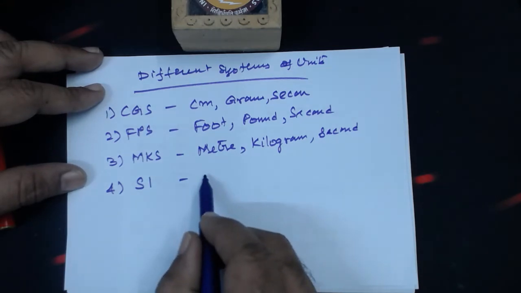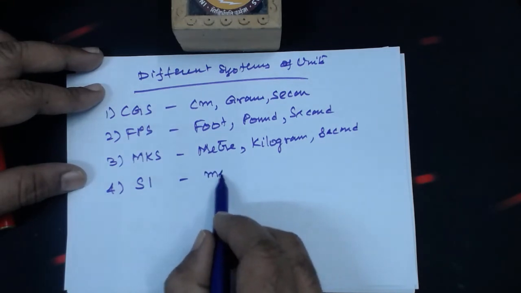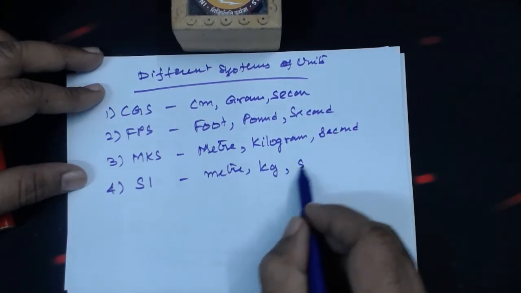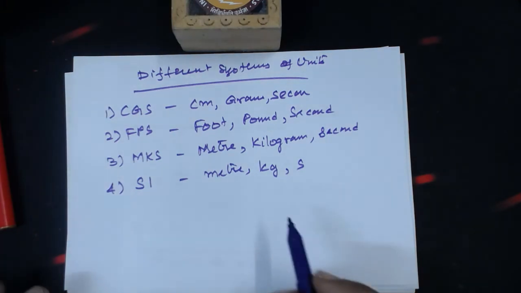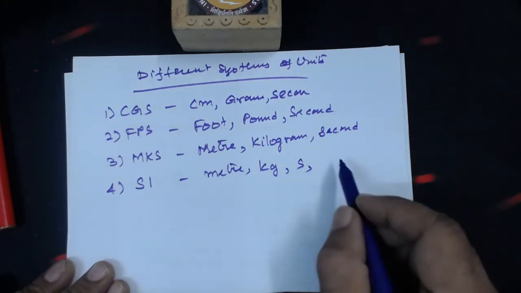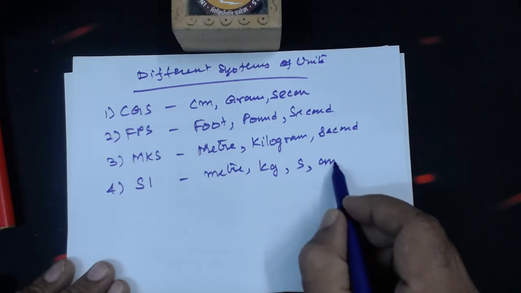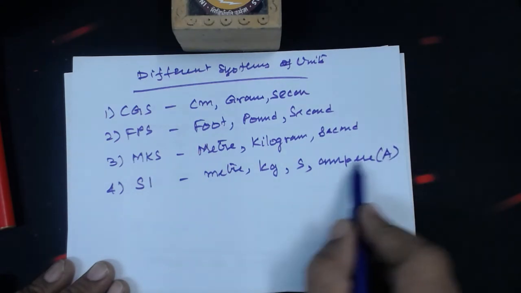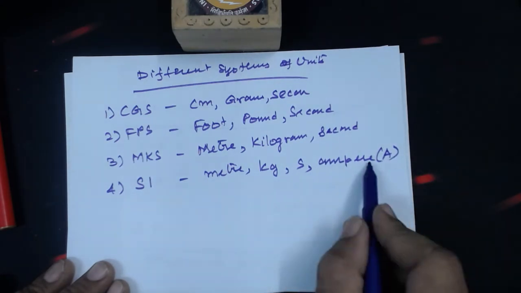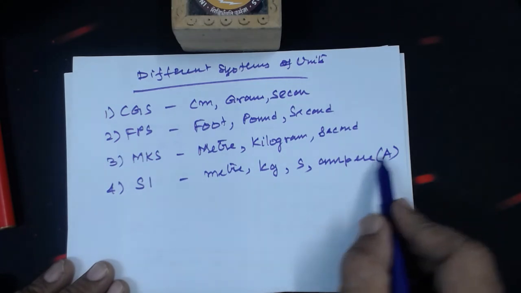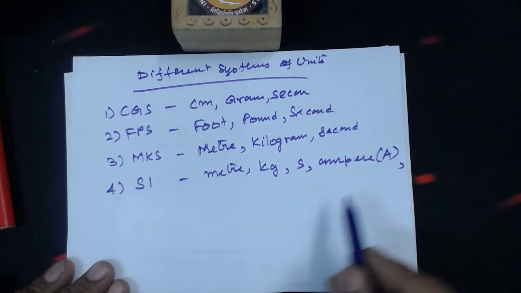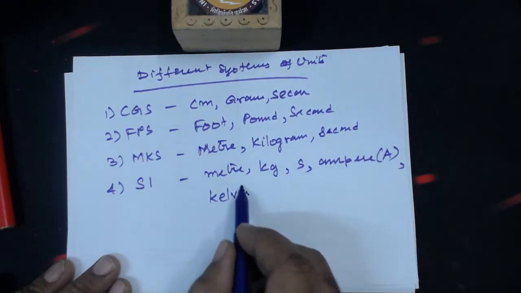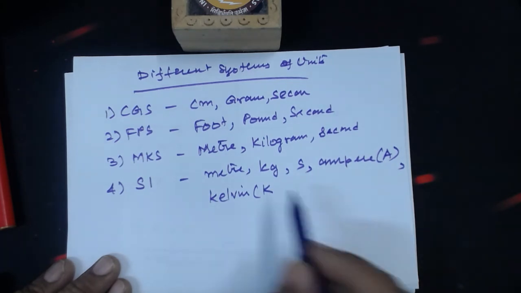Here we go by meter, kilogram, second, and we also include ampere, which is represented by A. When it is represented as a word, it should be in small letter. When it is given as a symbol, it should be a capital letter. Similarly, kelvin, small letter, but represented as a symbol in capital K.